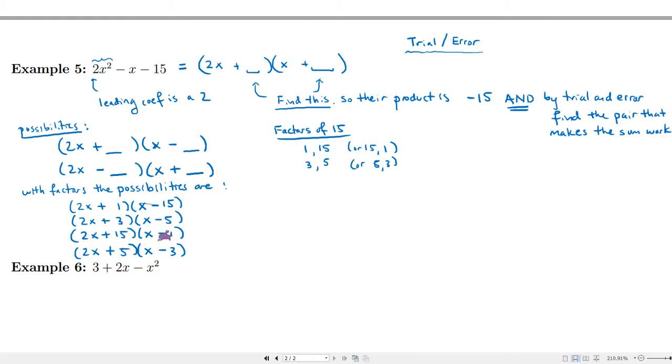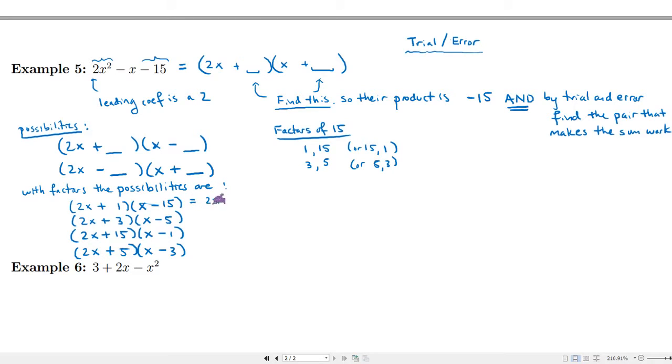Some of them you can eliminate quicker than others, right? So right now, if you look at this, the first and the last terms are fine for all of them, right? 2x times x is going to give us 2x squared for all these, and the product of the last two is minus 15 for all these possibilities. But when you start to expand them out, the middle terms are going to be incorrect. So for example, the middle terms, what are we getting?